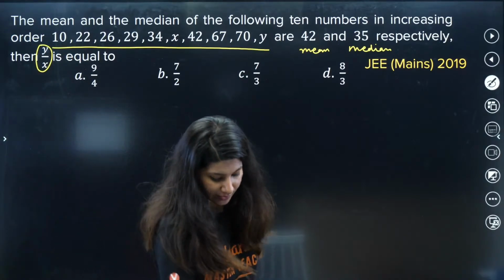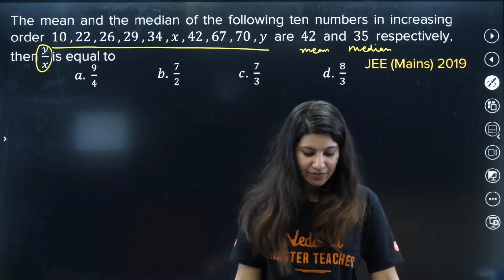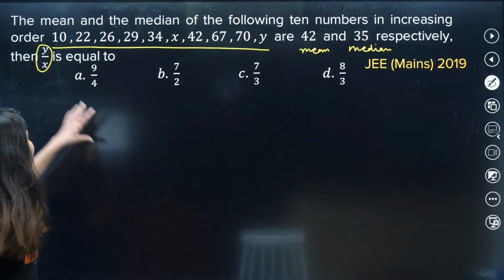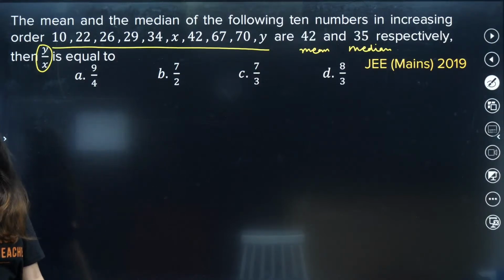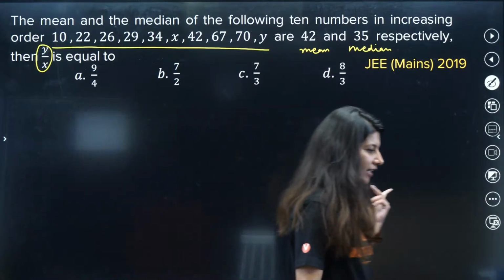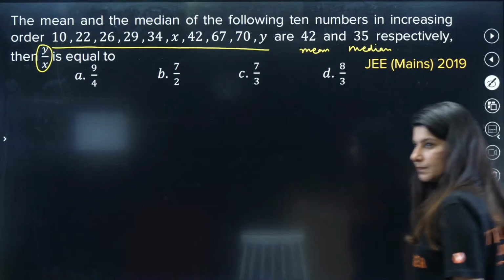We don't need to calculate y and x individually, but y by x is what we are interested in. Shall I give you 2 minutes? Let me give you 2 minutes.